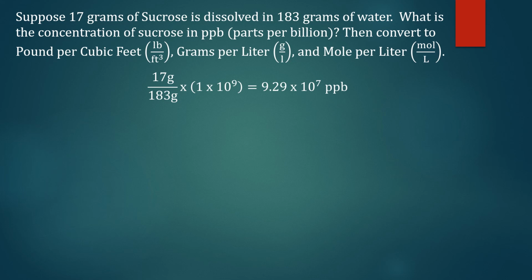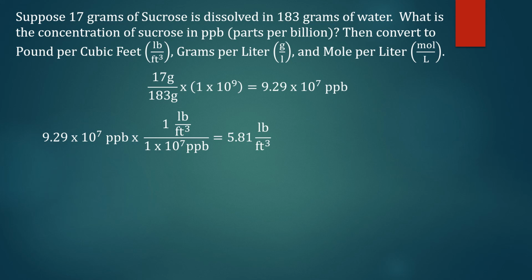Now we will convert this to pound per cubic feet, grams per liter, and mole per liter. So a pound per cubic feet is equivalent to 1 times 10 raised to 7 parts per billion.